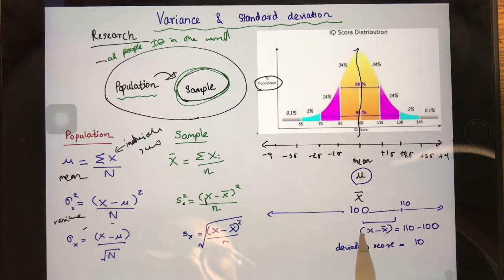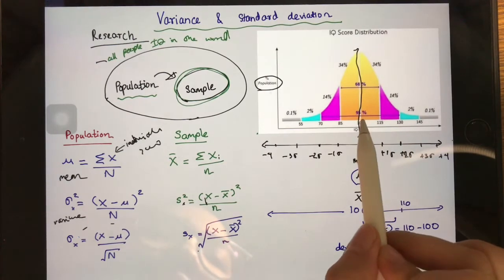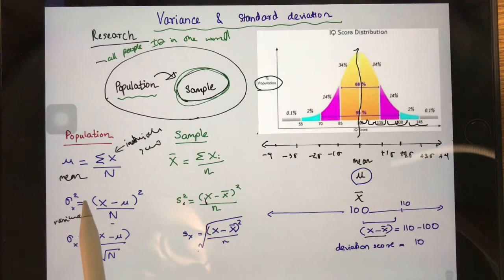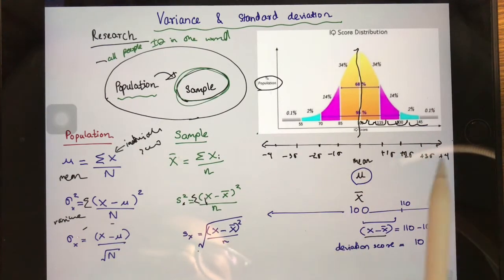So we will start by finding the deviation score first. We calculate the deviation score of each score in the distribution, and then we square them, and then we divide by n.